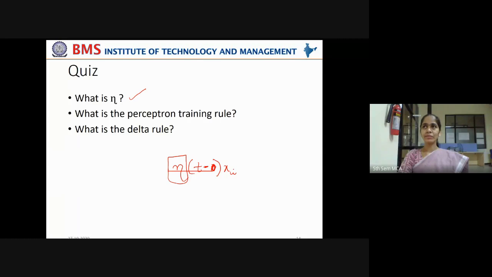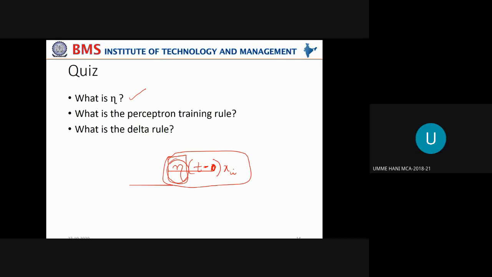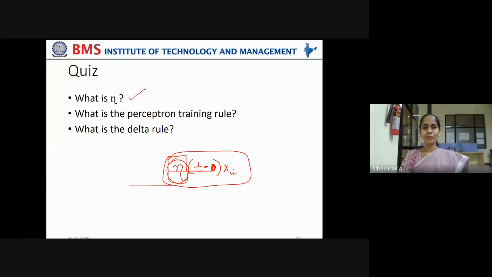What is new? For how much time I explained what is new, because that is very important in this perceptron training rule, right? Only on the adjustment of this eta will the model be able to reduce the training error, the prediction error. Umehani?